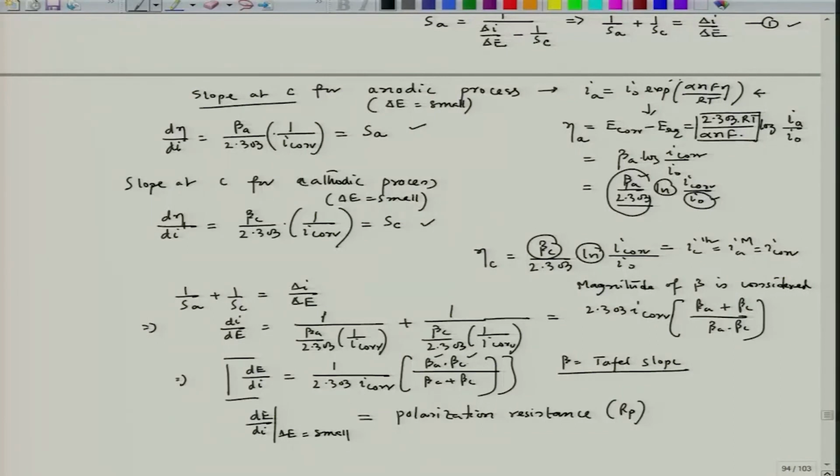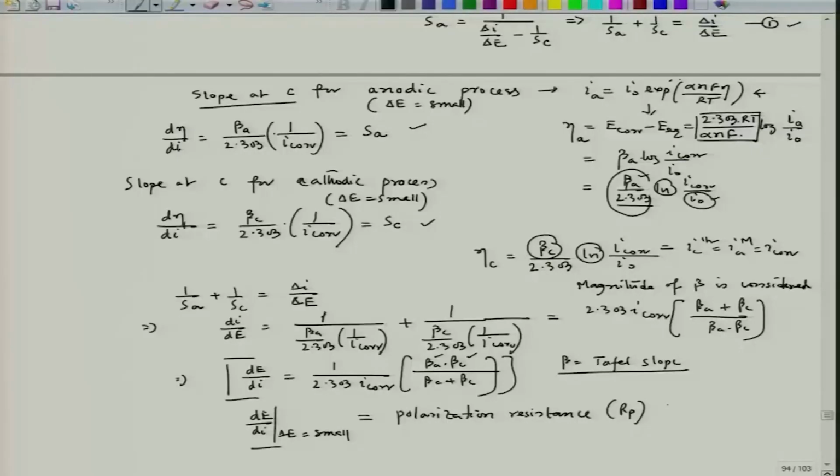But even if we do not know βA and βC, by a small experiment of fluctuating the polarization within plus minus 20 millivolt, we can get the slope of that linear line, and that slope gives me the polarization resistance. That means the higher the polarization resistance, the higher the corrosion resistance, because the more the polarization resistance, the lower the possibility of ion formation. So that is what Rp gives, a relative behavior.